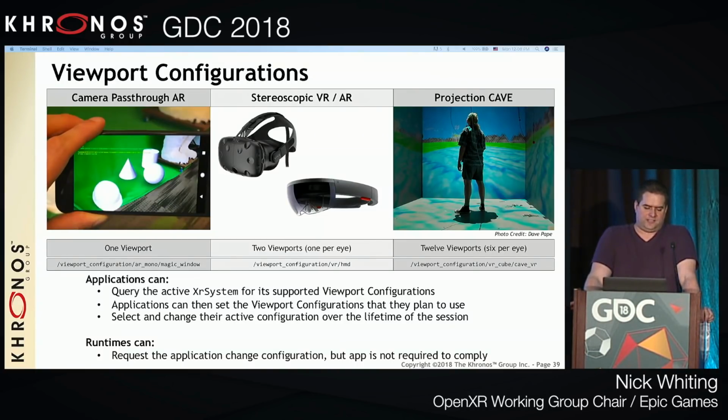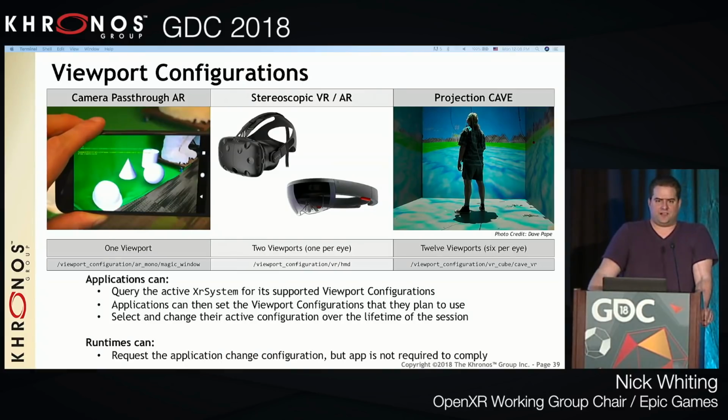So basically, applications can decide from the XR system which viewport configurations they want to support, and then they say, hey, I want to use the standard stereoscopic VR HMD viewport configuration, or I want to use a 2 planes per eye viewport configuration. And then it gets to manage that over the lifetime of the session. You can switch back and forth if you want to. You can drop down if your performance isn't able to render as many viewports as you want. You can drop down to more simple viewport configurations.